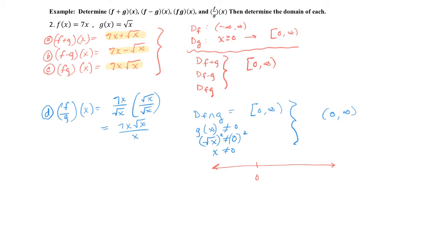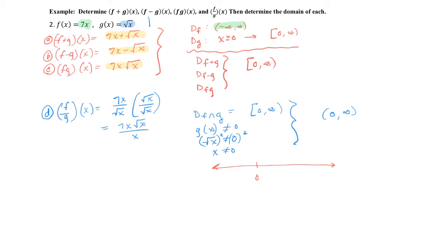So first thing we need to consider is the domain of f. Well, f is 7x. So 7x is just a line, and so we know the domain of a line is negative infinity to infinity. For g of x equal to the square root of x, that's a square root. Okay, so we know what that looks like.